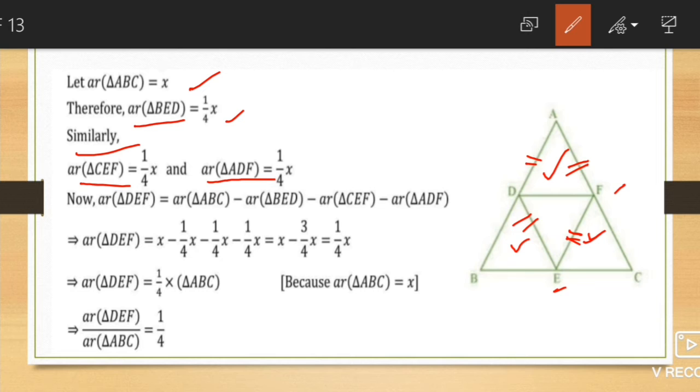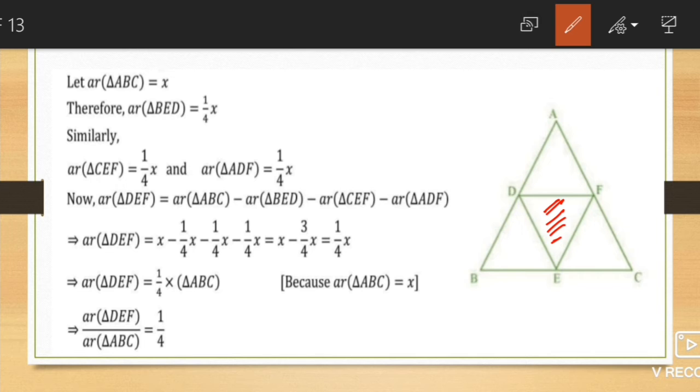Now this area of DEF is equal to area of ABC minus area of BED minus area of CEF minus area of ADF. Let's check this statement again. Area of DEF means this whole area of ABC minus this part, minus this part, minus this part.